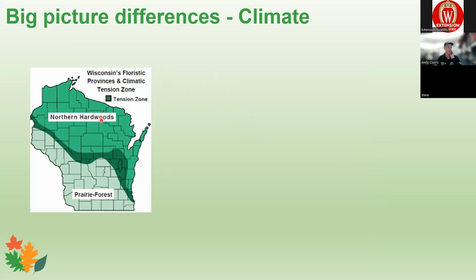The northern hardwoods and the southern prairie zone are each going to have their own different set of trees and animals that make habitat there. This has been studied for a long time now, these climate differences within the state.